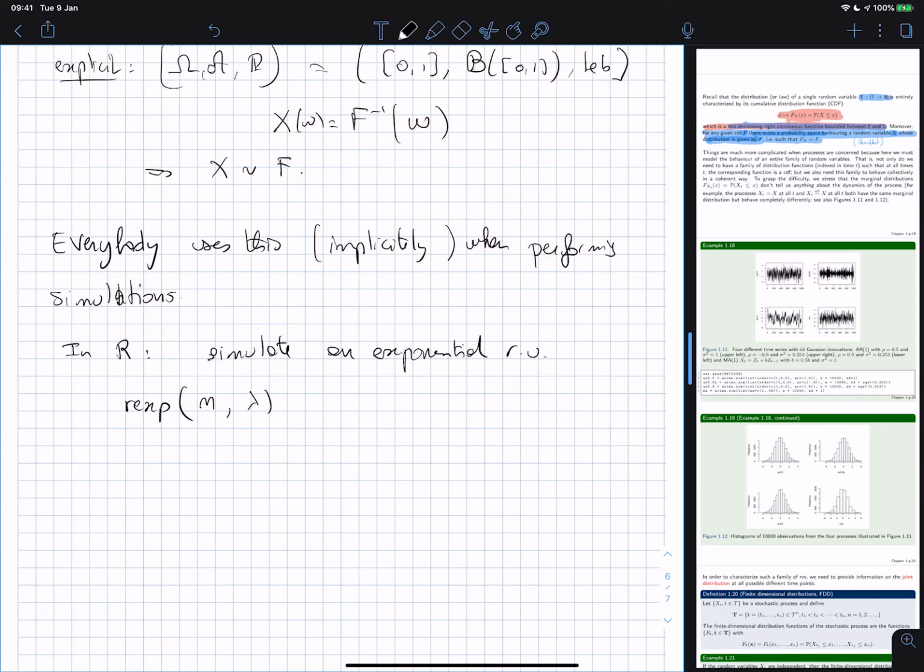And if you type this, what will it give you?